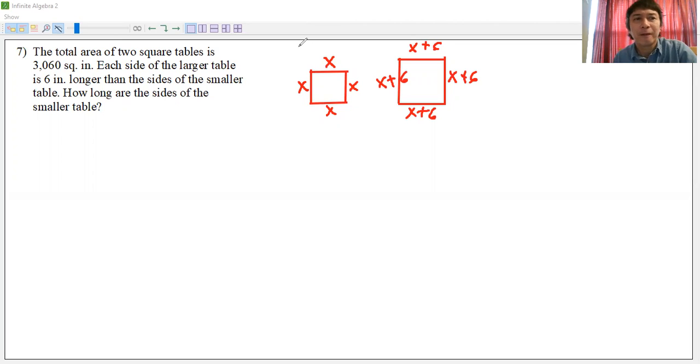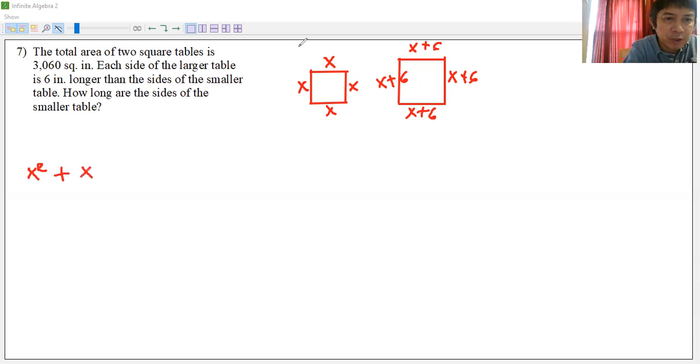All right, so the total of the area is 3060. So we can get the area of each table. That will be x times x for the smaller. Okay, so let's put at the left side the working equation, x times x. So that's x squared, okay? And now this will be added to the bigger table.